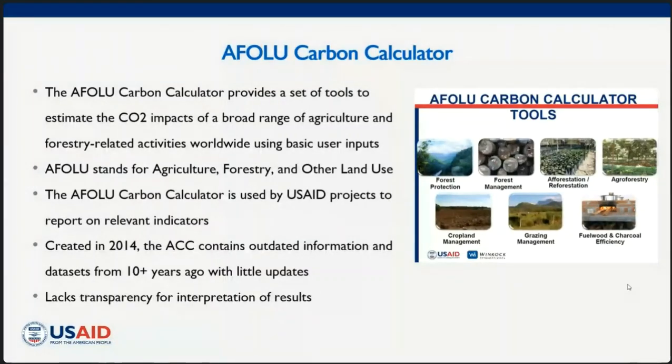In areas certainly that can present a problem, as that outdated information and data sets from 10 years ago are now presenting a reality that no longer exists within these landscapes. The update of this information is something that I know USAID is prioritizing, but I would also say that folks should definitely be cognizant of which tools are using that outdated information.